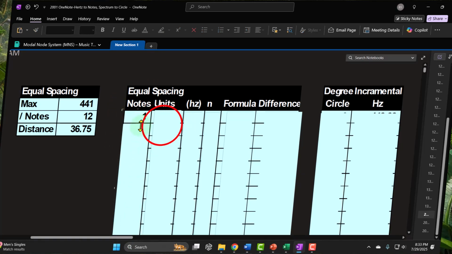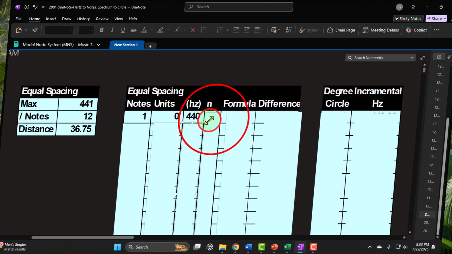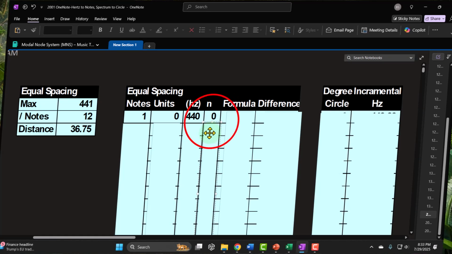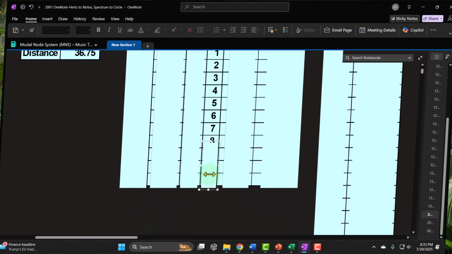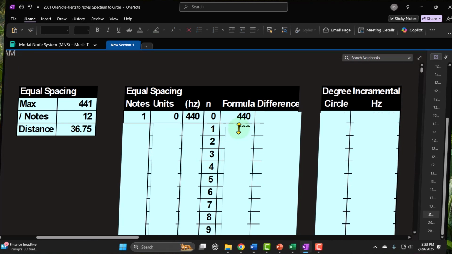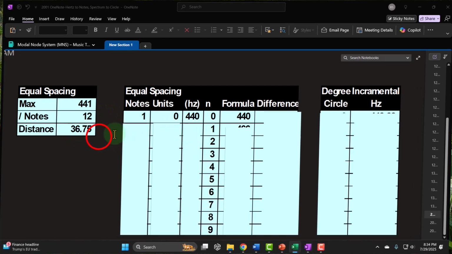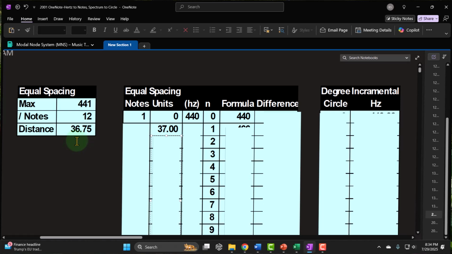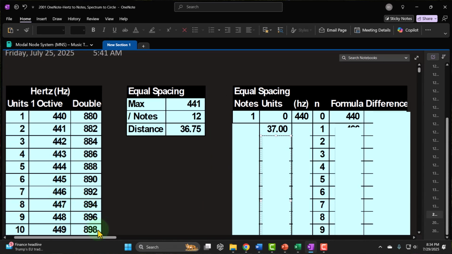But if we did it this way, if we start at 0, that'd be 440 hertz, and then N is going to be 0, 1, 2, 3, up to 12, and then we can do our formula here. Let's first do it this way. I would go up 37. I rounded this to 37 so that in Excel it's a little bit easier, because I don't find 0.75 waves. We went one wave at a time.